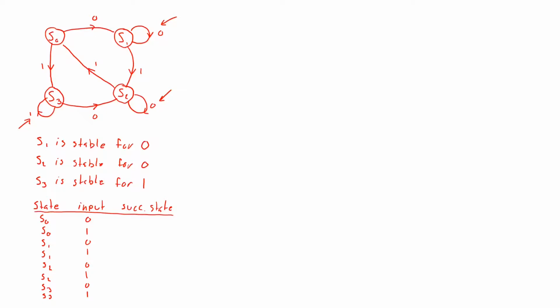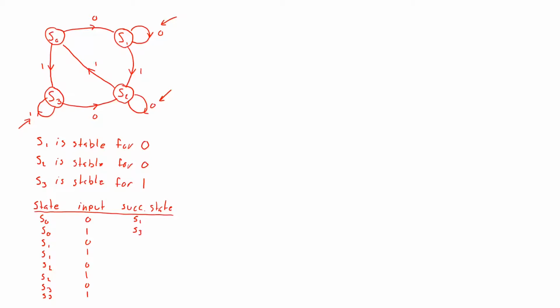Now let us look at our successor state for each state and input. Let us start with the first state S0 and input 0. If we are in S0 and have the input 0, we go to S1 and then we stay in the stable state S1 because this is stable for the input 0. So S1 will here be the successor state. If we have the input 1 instead, we will first go to S3, but S3 is stable for the input 1, so S3 will here be our successor state.